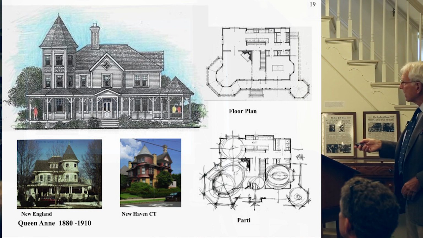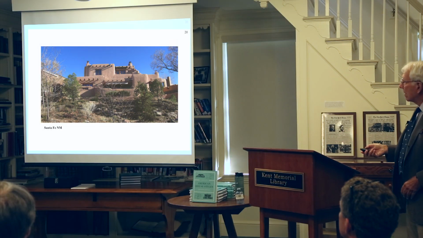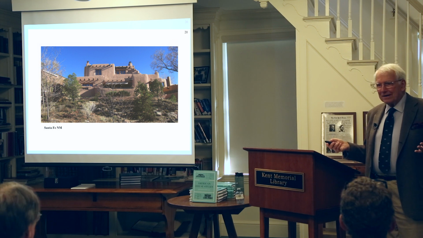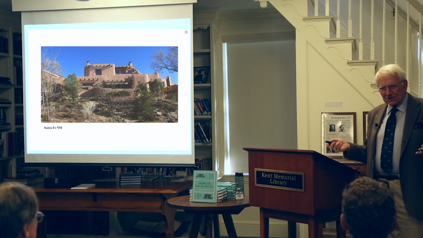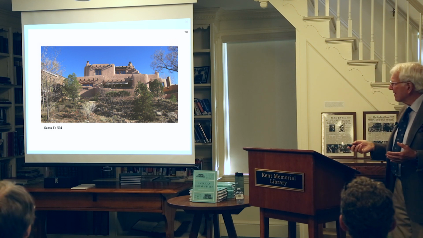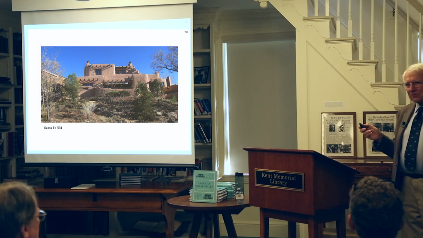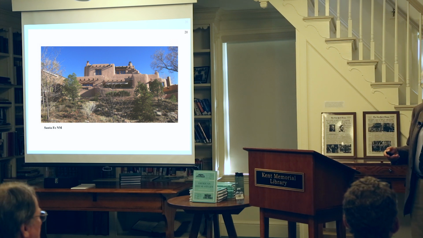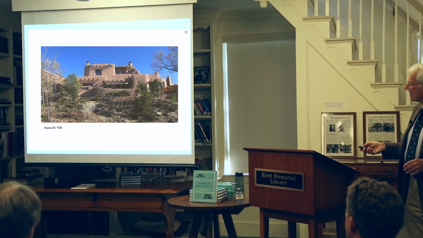And then after that, my daughter lives down in Santa Fe, and I've always been fascinated by the Pueblo style. And to think that you can take this one simple, basic plan and develop it in all of these different styles is kind of fun.